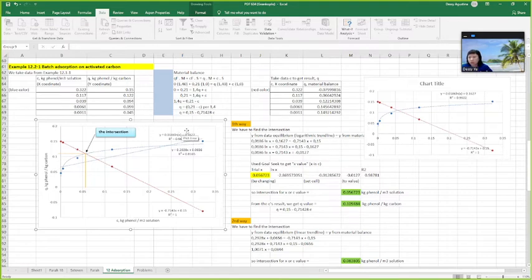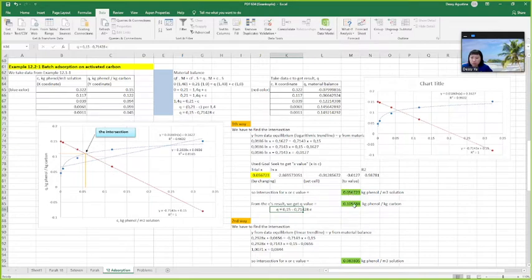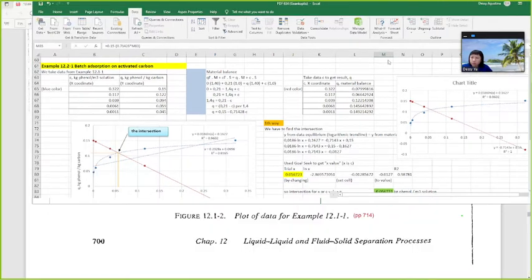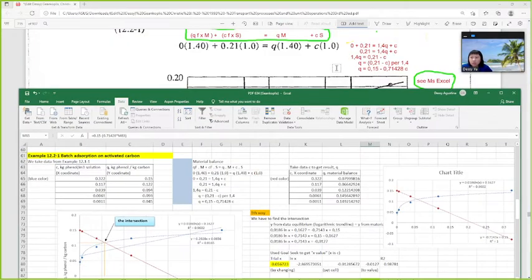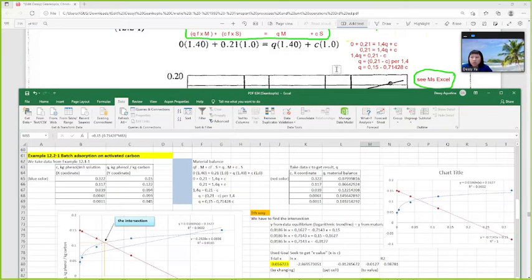You can choose one equation. From this equation we put in C. You can see on your screen this is our formula, and we get the value of Q here, and then we compare it with the answer from the Geankoplis text.